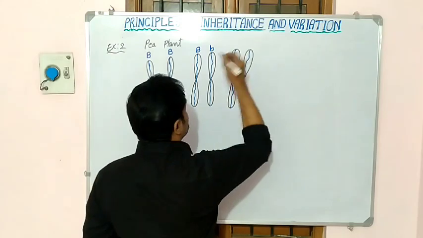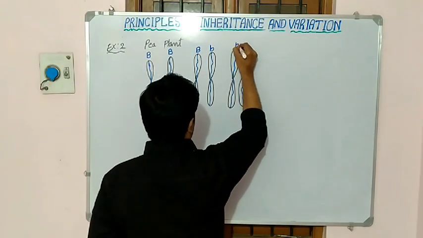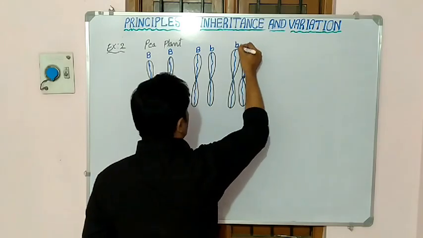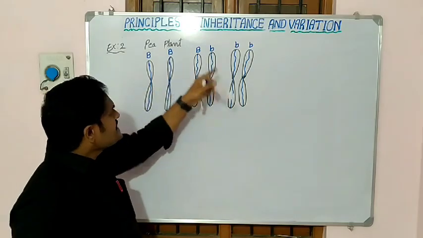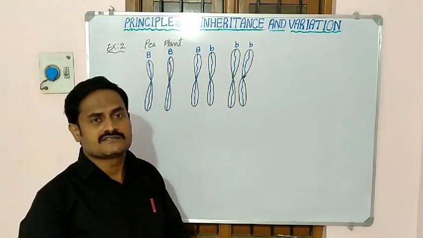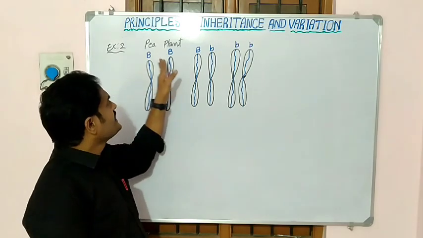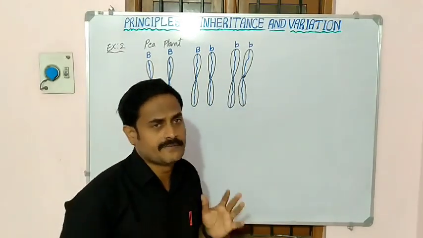And the third pair of chromosomes consists of both small b alleles. See, these kinds of alleles belong to pleiotropism. It controls more than one character in pea plants.